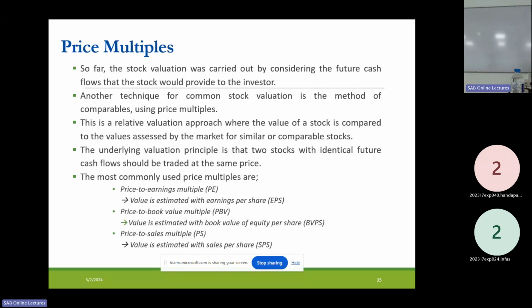So let's look at an example. I have mentioned here only three price-based multiples: price to earnings, price to book value, and price to sales. Normally, if the price to earnings multiple is 25, what is the interpretation? What is the meaning of that?